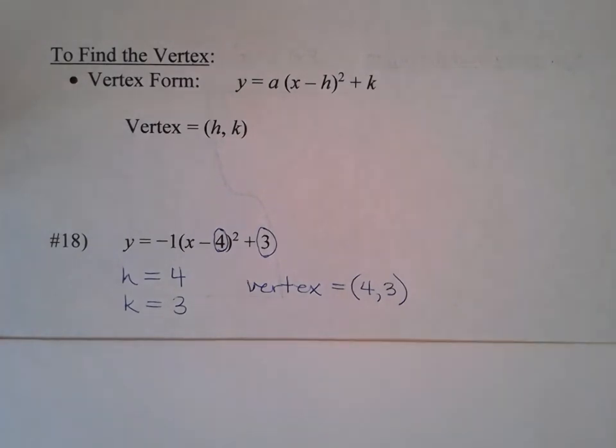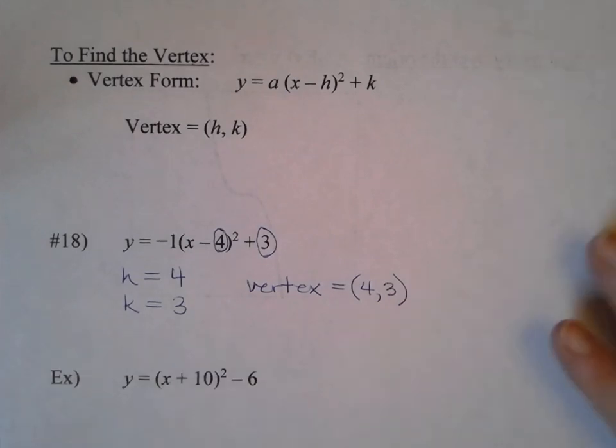The idea behind this h having opposite sign of what we see. Remember, if it's a minus 4, it's shifted to the right by 4. And so that's happening here with the vertex. I would normally be starting at 0, 0, but I'm shifting it to the right by 4, and that's giving me a positive 4 for my x value.